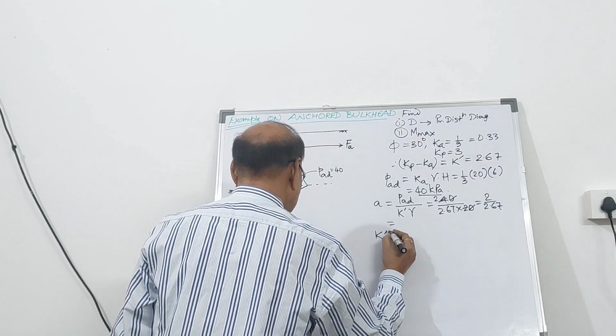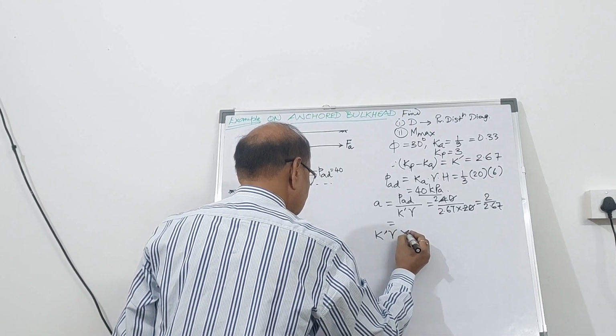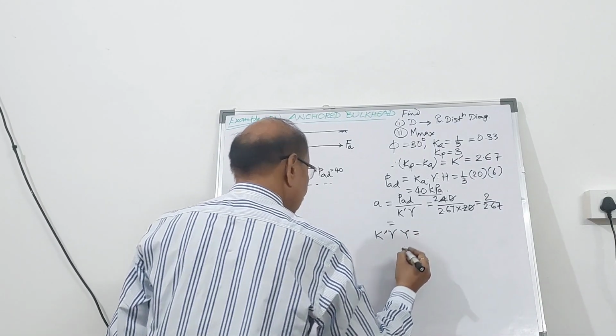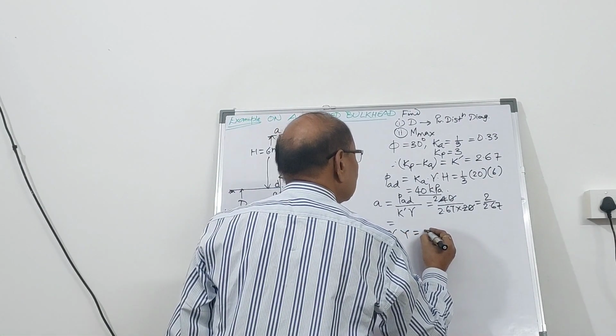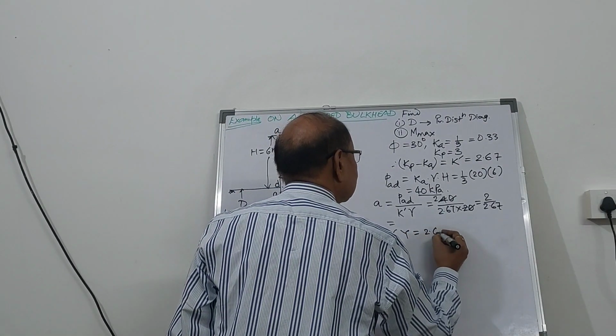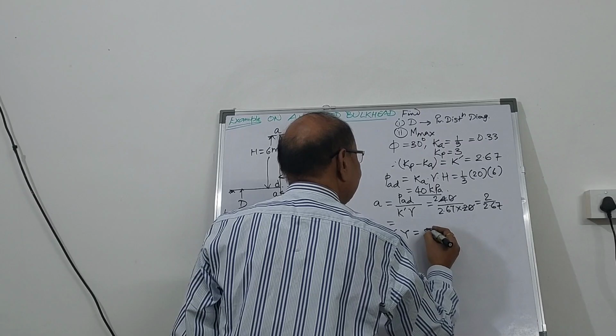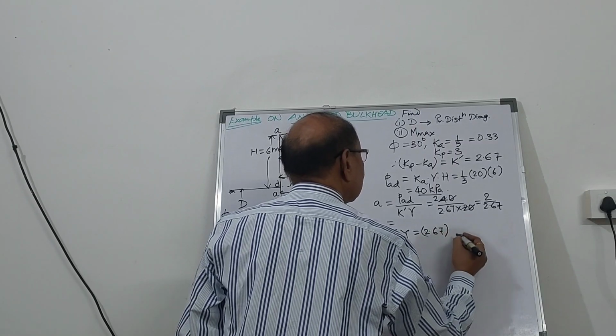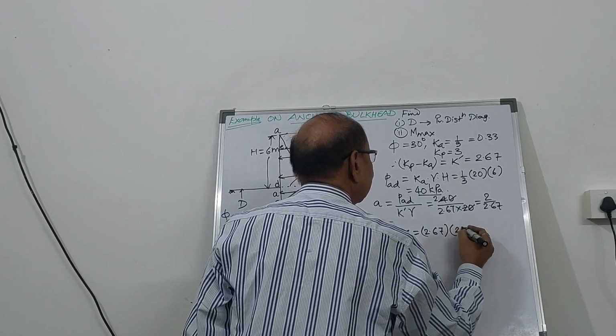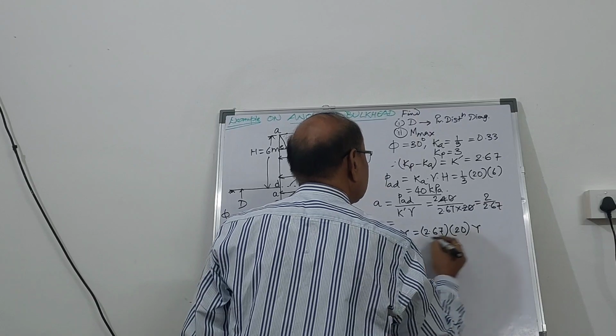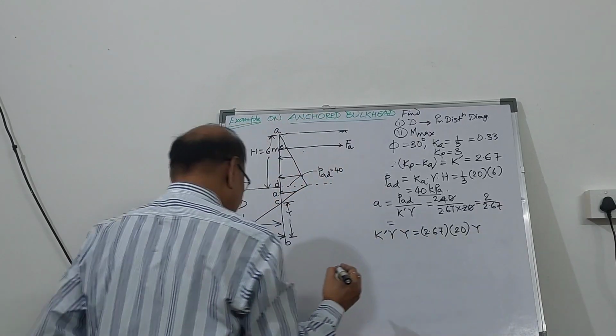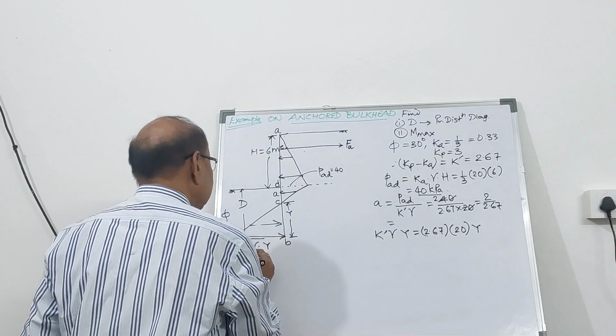K prime gamma into Y. So K prime is 2.67, gamma is 20 into Y. So if you calculate, you can get this value.